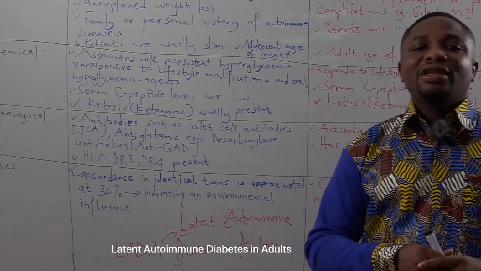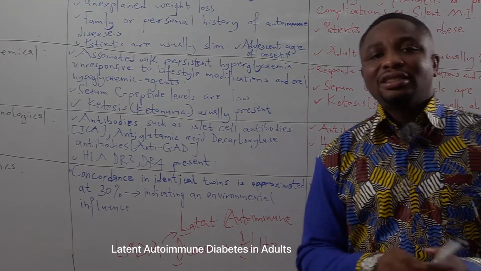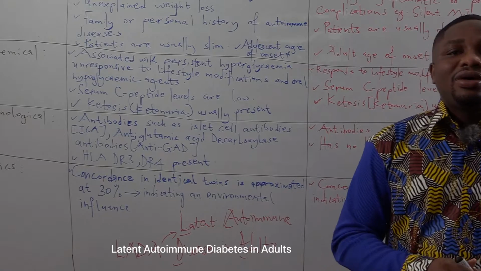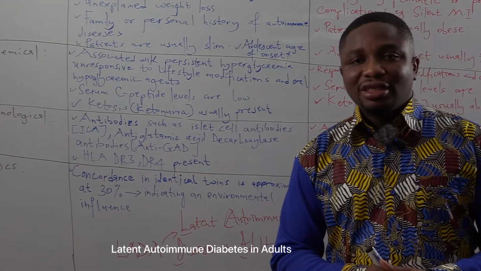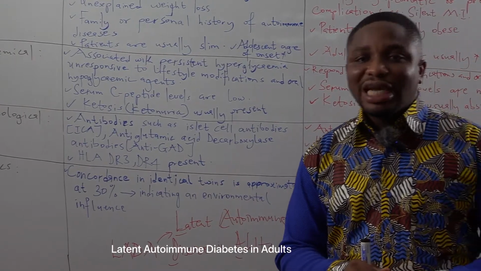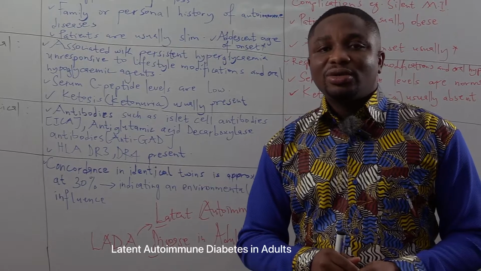That is why the features are realized later on in life. By then, the patient would have become an adult. That is why we call it latent autoimmune diabetes in adults, meaning it is a form of type 1 diabetes mellitus having its onset in the adult age.